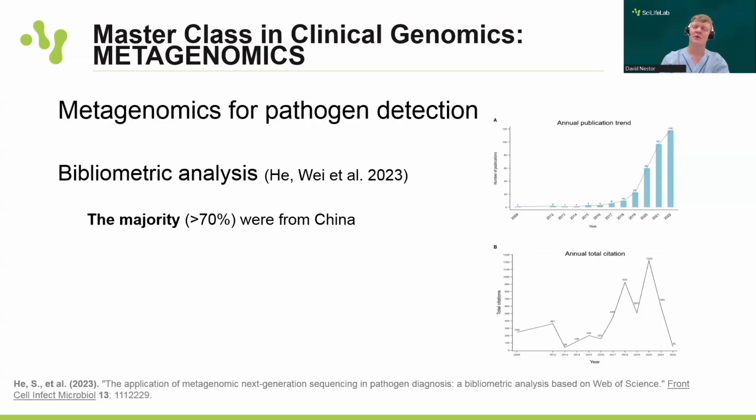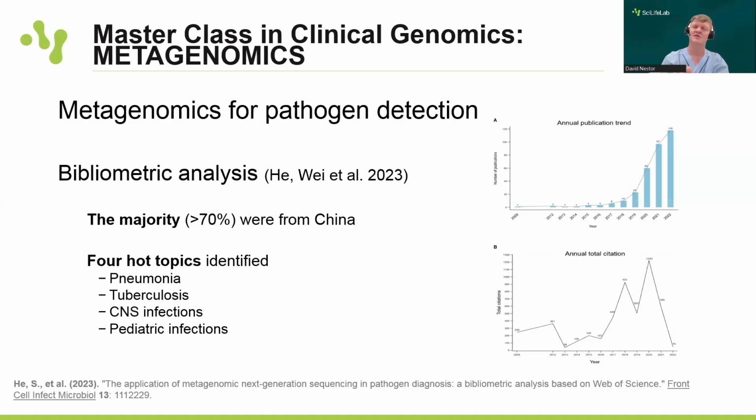In this paper, they also identify hot topics where metagenomics has been used. Taking them one by one, pneumonia, of course, is a result partly because of the pandemic, where the differentiation between viral and bacterial infection has been very interesting.